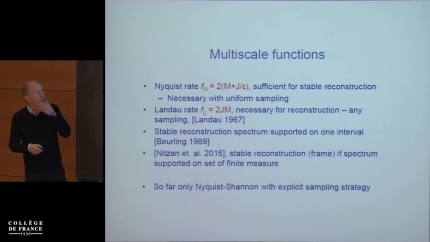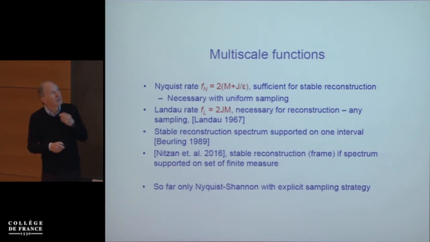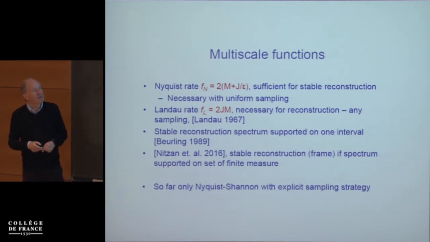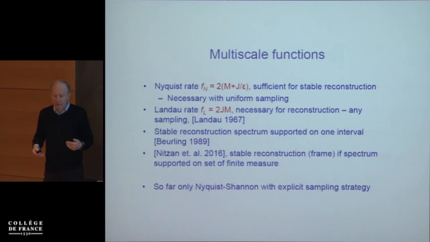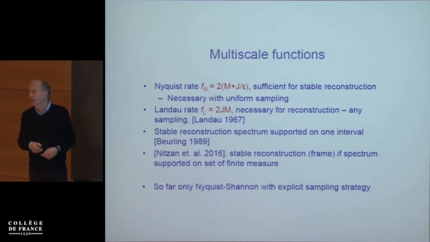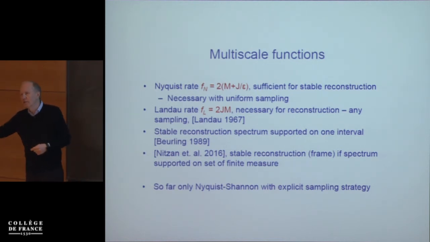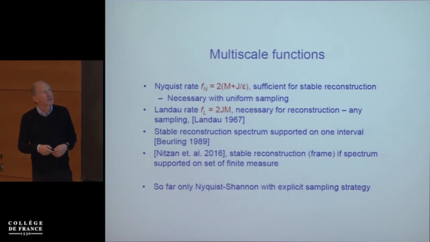Then there is a result, the Landau rate, already back in '67, where he proved that you cannot do better than this. And this is essentially counting the number of unknowns, the number of samples you need per unit time if you have a time series signal. So this is a one-to-one correspondence, and if you had more, then you can show non-uniqueness in the representation. So that's what he did.